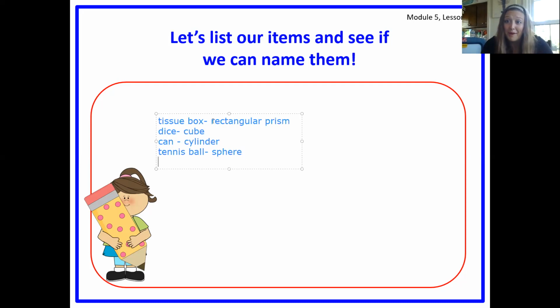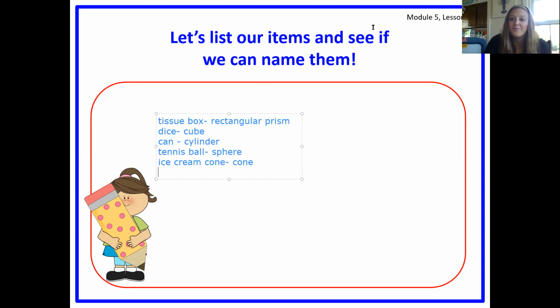You could have found, maybe you have some ice cream cones at home. Those would be called a cone. I think you could have found a lot of different things. You could have gotten very creative with this, but that is my list of things that I could have found. So I hope you guys were able to find some of these things.